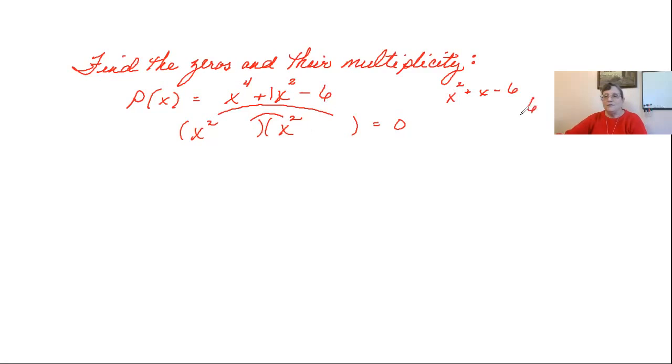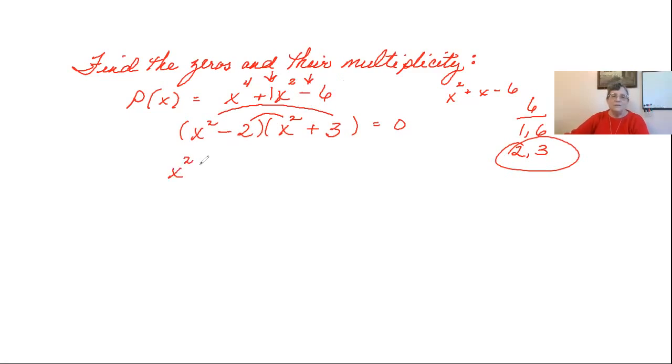So the factors of 6: 1 and 6, 2 and 3, that subtract to give me 1 would be the 2 and the 3. To get a positive 1 out of that, it would have to be a positive 3 and a negative 2. So if you double check, you'll see that this is the factorization of that.